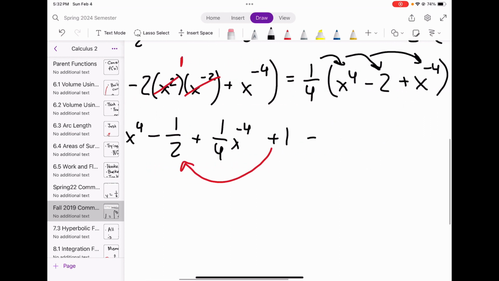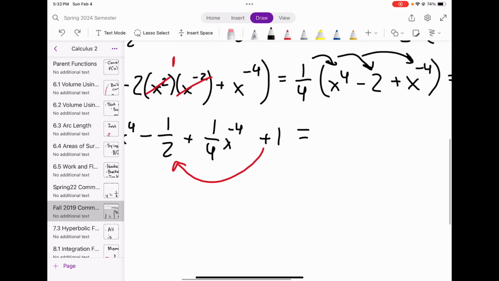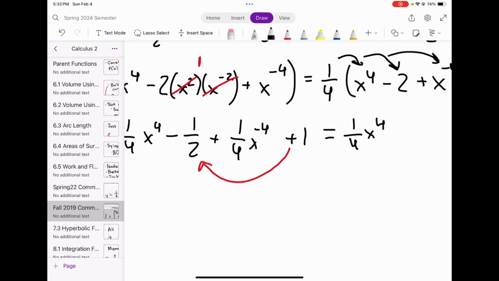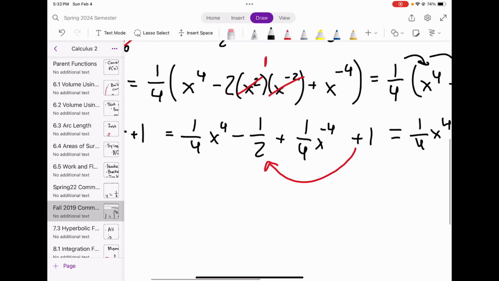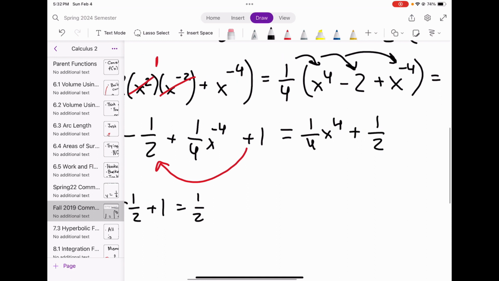This term and this term will remain the same, 1/4 x to the 4th, but this time, rather than writing -1/2, plus 1 gives us positive 1/2. And then this 1/4 x to the -4th stays the same.